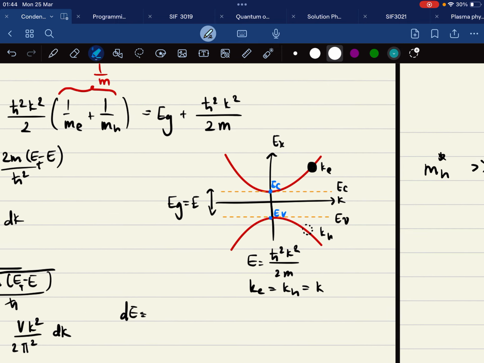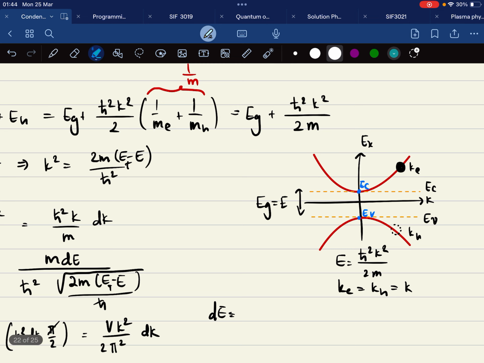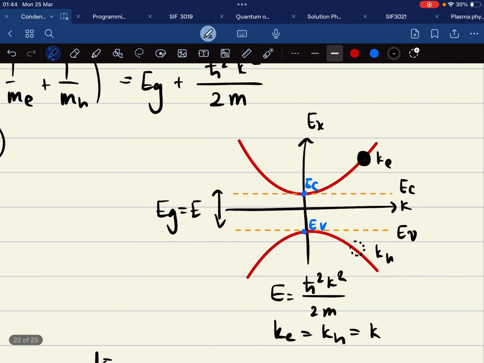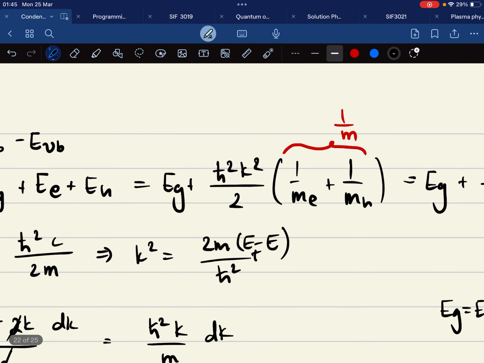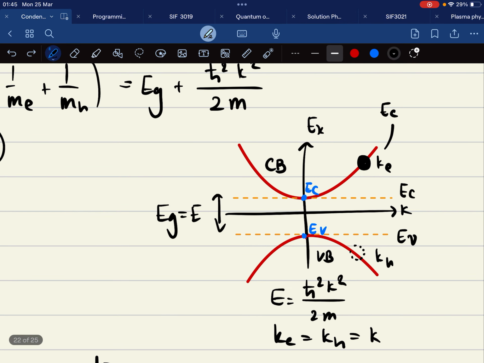So ECB is basically, let me just show you what ECB is. The electron is excited, leaving behind a hole in the valence band. So this is the valence band, this is the conduction band. So the conduction band energy, ECB, equals EC over here, the minimum.